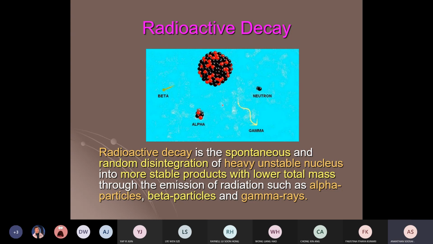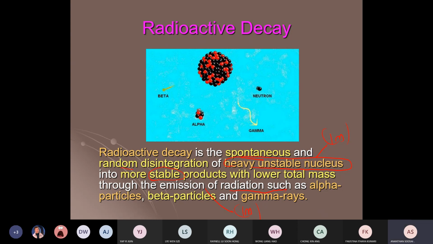The keywords: a spontaneous and random process where a heavy unstable nucleus, this is an important keyword, one mark. An unstable nucleus turns to become a stable product, one mark. By emitting energetic radiation, emission of radiations, one mark. This is radioactive decay.